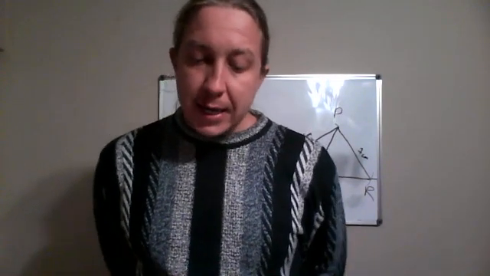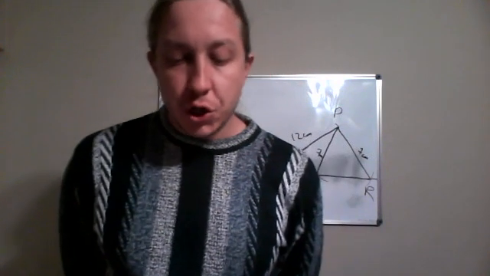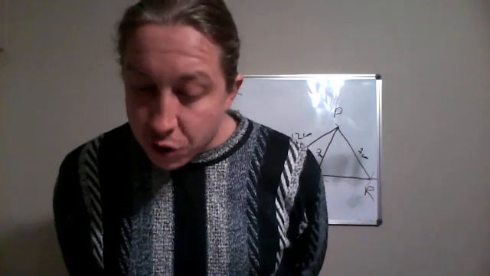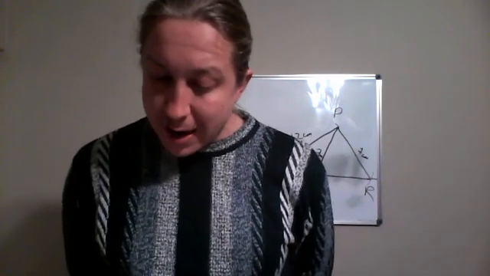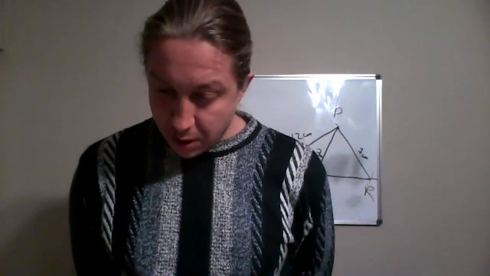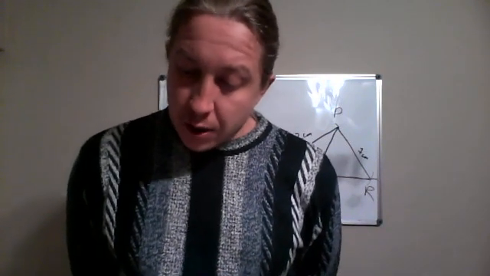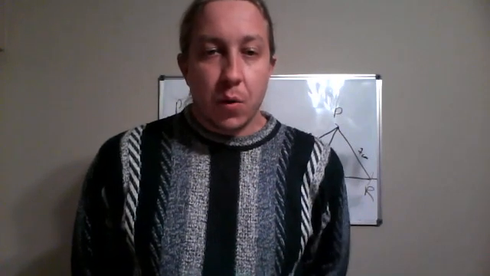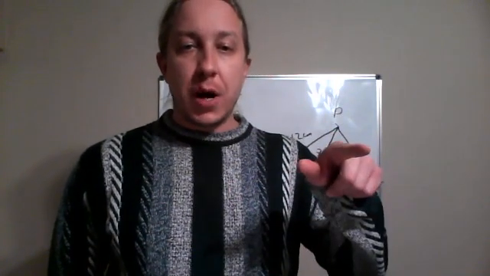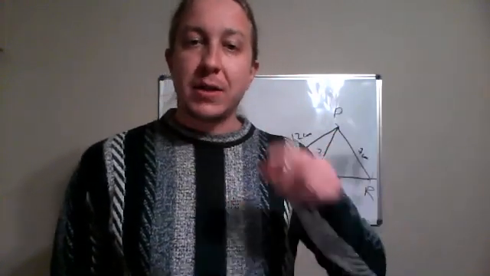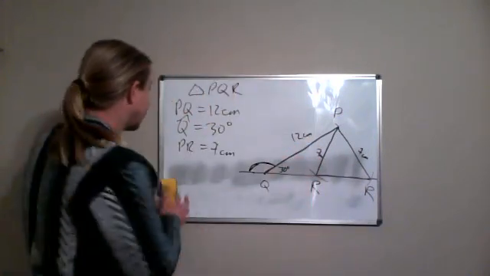All right, guys, in this exercise, you'll be talking about a circumscribed circle and an escribed circle. What that means is that we are drawing one circle in the triangle and the other circle outside of the triangle.